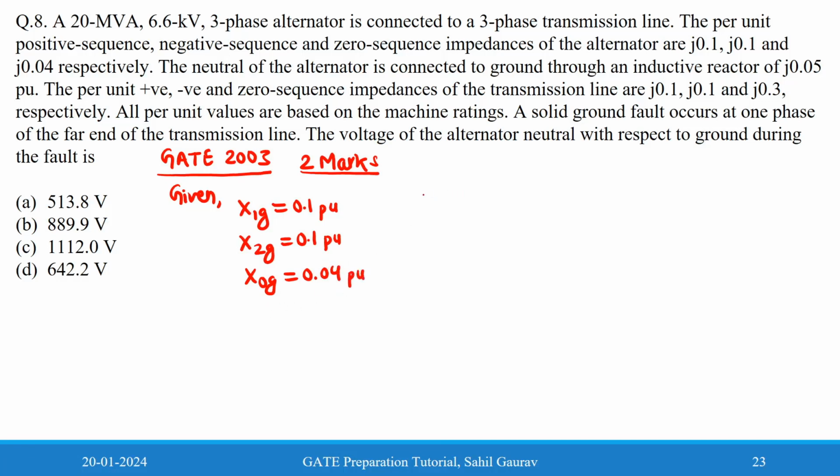And the neutral of the alternator is connected to ground through an inductive reactor of j0.05 per unit. So Xn is given as j0.05 per unit.